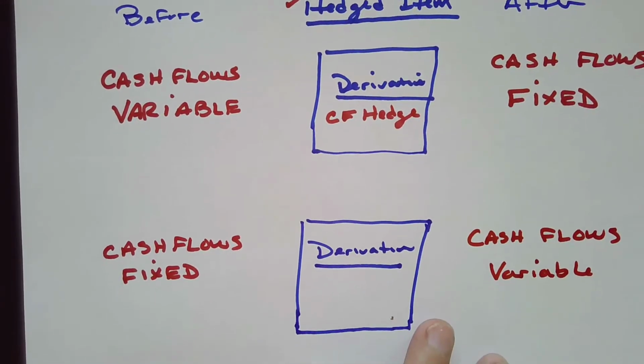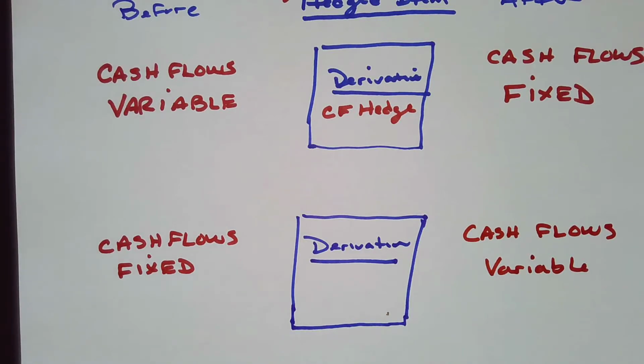So think about inventory. I've got a bunch of steel inventory, and I'm hopefully going to be able to sell it for whatever I think it's worth today. Well, what happens if the price of that inventory goes down? The fair value of that asset has also gone down, because I'm in for X number of fixed cash flows. This is how much I'm going to be able to get.